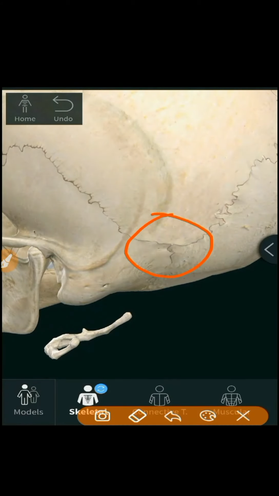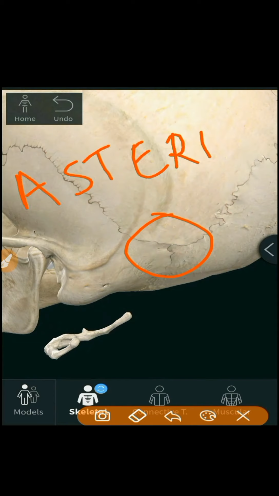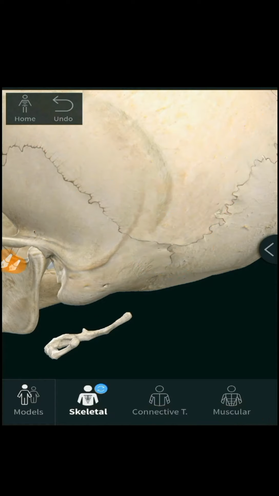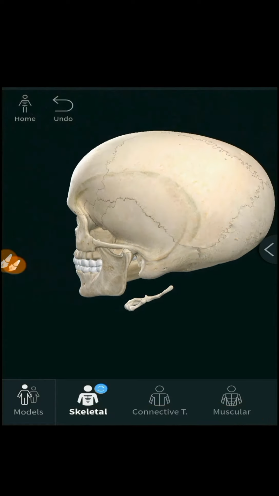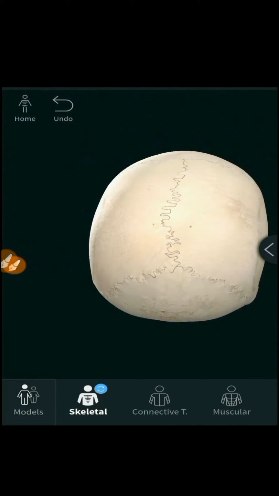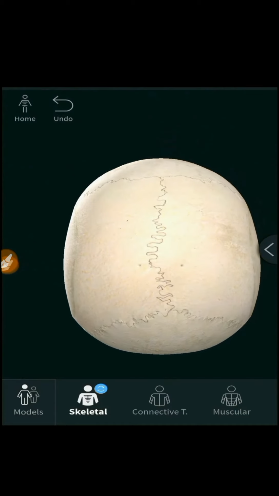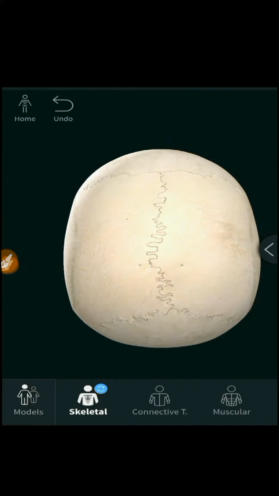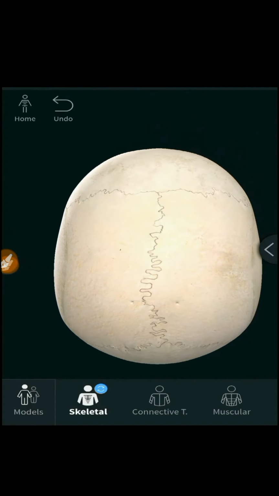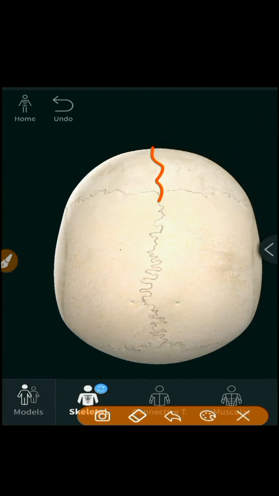And posteriorly you will see Y-shaped asterion, where again you can see the mastoid part of temporal bone, occipital bone and parietal bone meet. It is roughly Y-shaped. Pterion is H-shaped. So these are the other locations of the fontanelle. Pterion and asterion are paired, bregma and lambda are unpaired. So total 6 fontanelles. I told you fontanelles help in development of brain and molding.